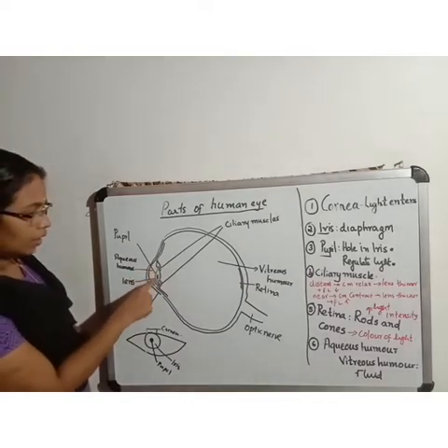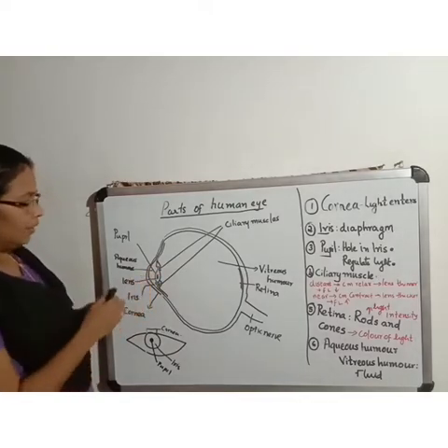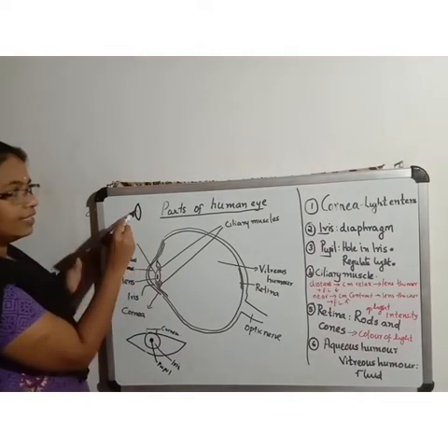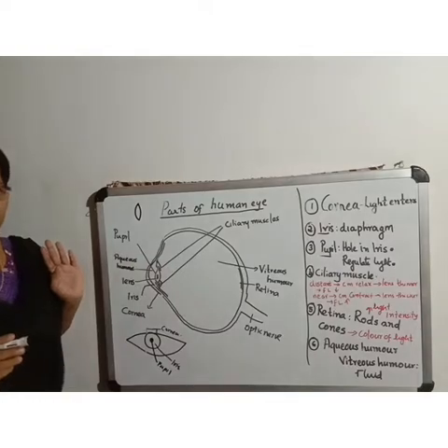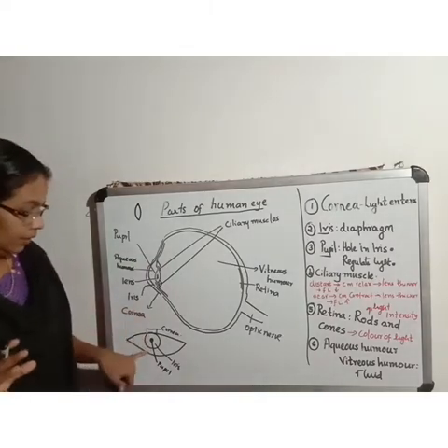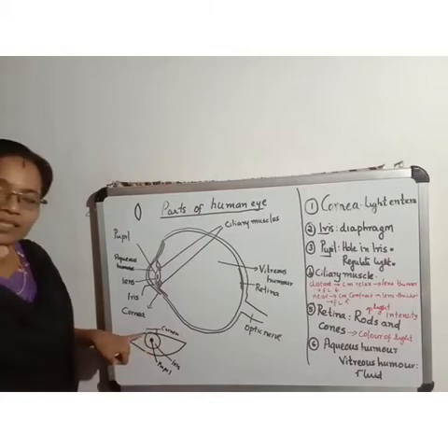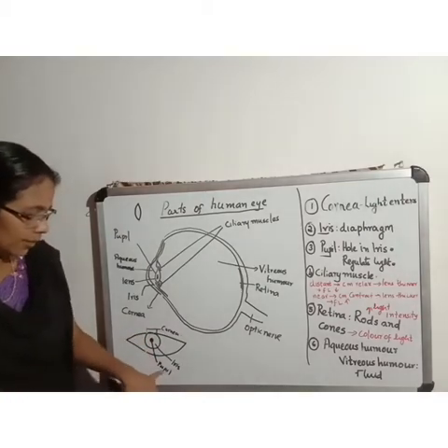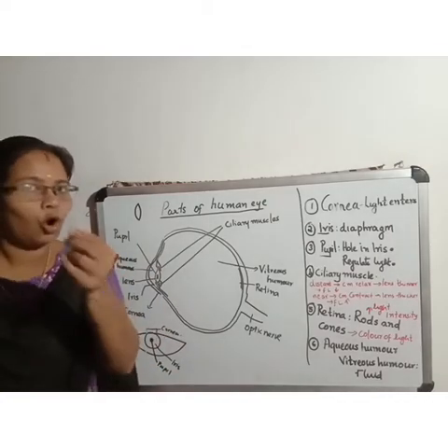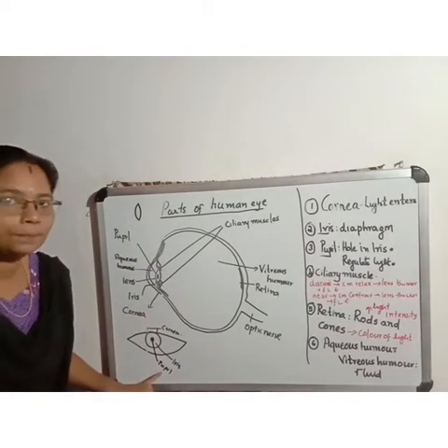This lens-shaped part you can see here. The bulge shape, the round shape you can see inside an eye is the iris, and the iris has a small opening which is called the pupil.